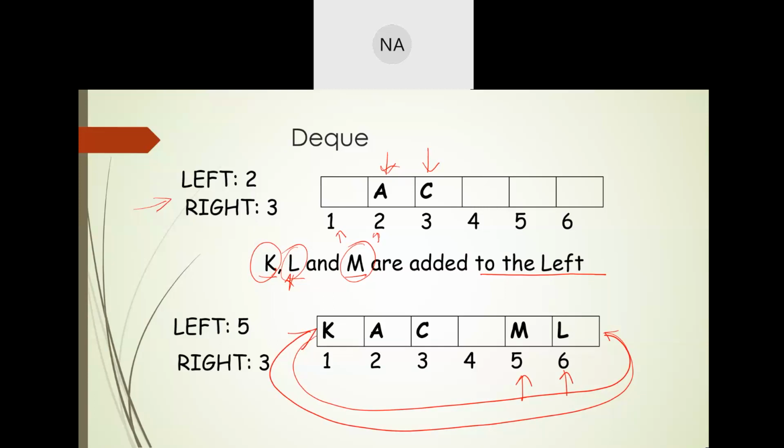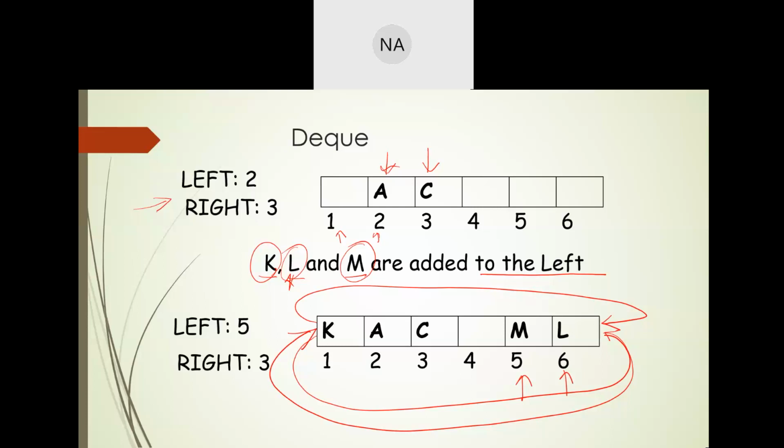Likewise, if you are inserting new elements at the left side and you reach the lowest index, then from the lowest index you will go to the last index. So in the deque you consider the array as a circular array from both sides. After the last index, you go to the first index, and if you have reached the first index, you go to the last index.